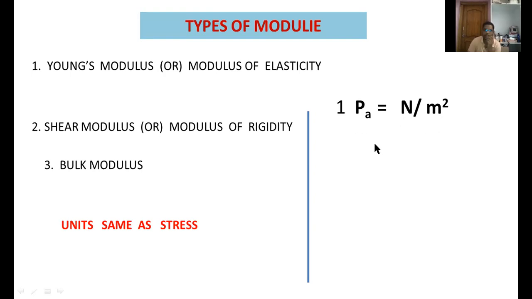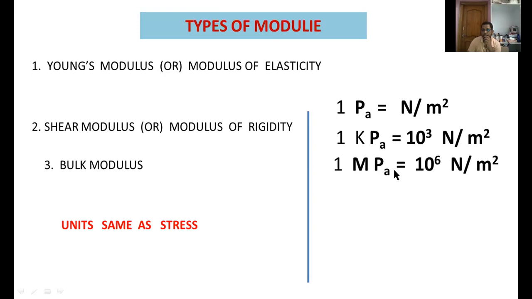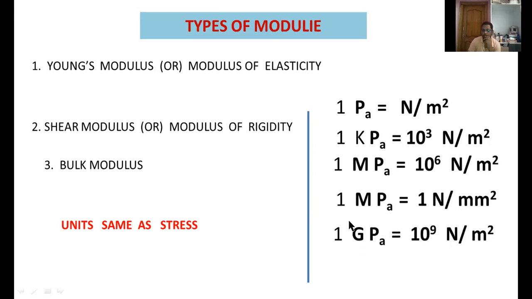In SI units, 1 Pascal equals 1 Newton per meter square. In kilopascal, 1 kilo equals 1000 Newton per meter square. Similarly, 1 megapascal equals 10 power 6 Newton per meter square, whereas in terms of mm, 1 megapascal equals 1 Newton per mm square. Similarly, where G is giga, M is mega and K is kilo, 1 gigapascal equals 10 power 9 Pascal.